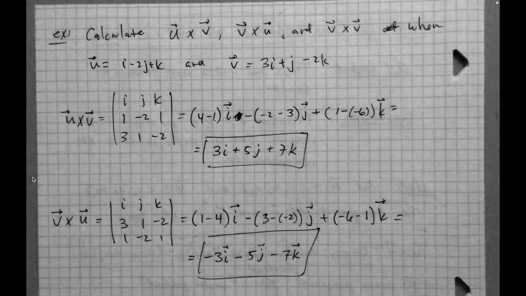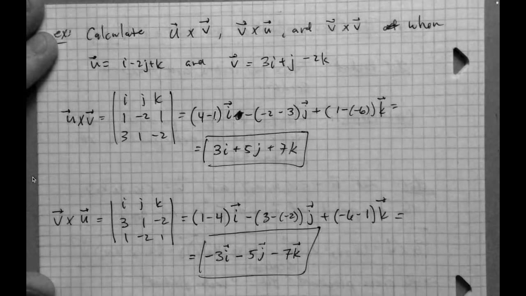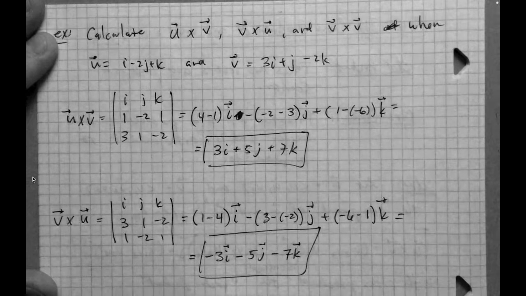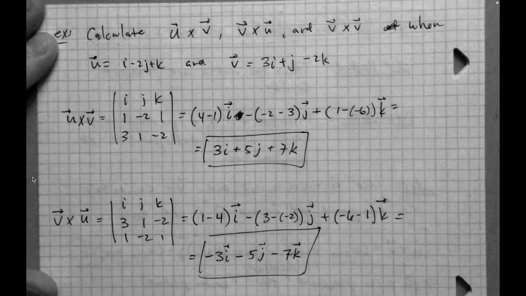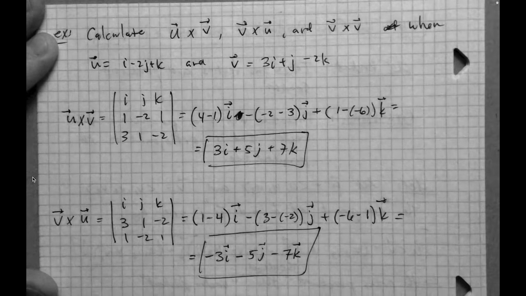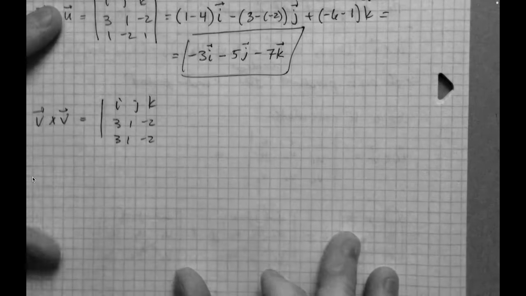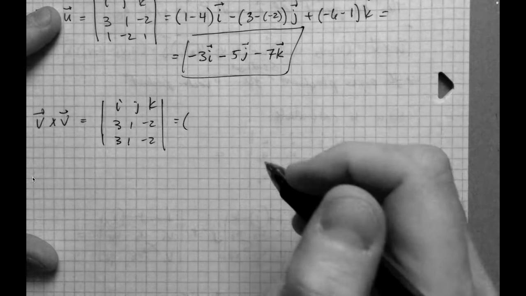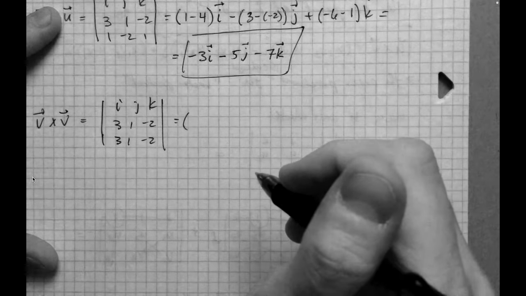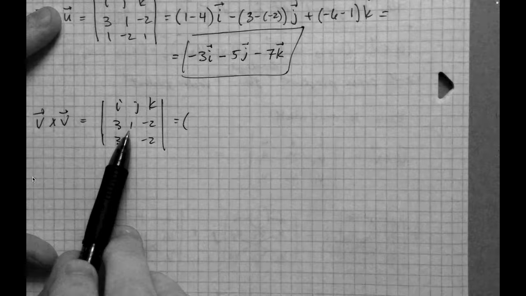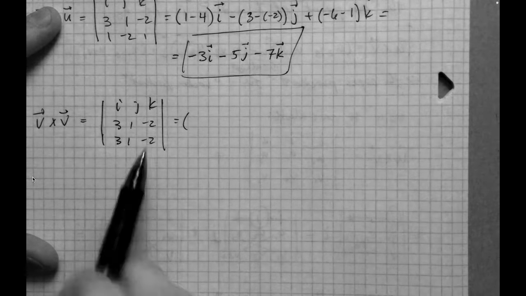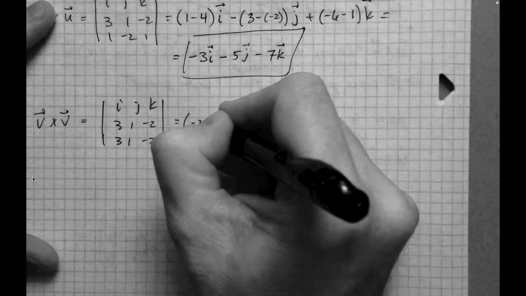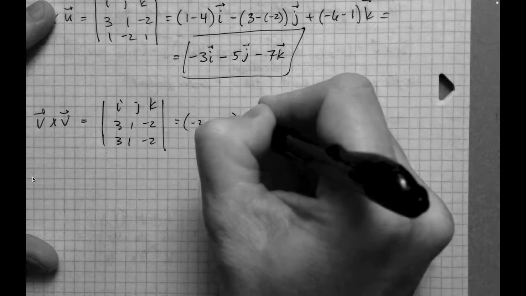Now, what about v cross with itself? Well, i, j, k, and then it'll be 3, 1, negative 2, 3, 1, negative 2. Okay. And so, first thing you get is 1 times negative 2, so that's negative 2, and then minus negative 2. That's i.